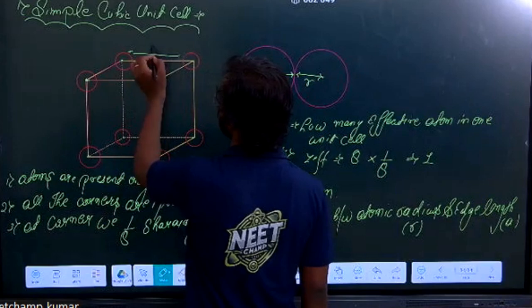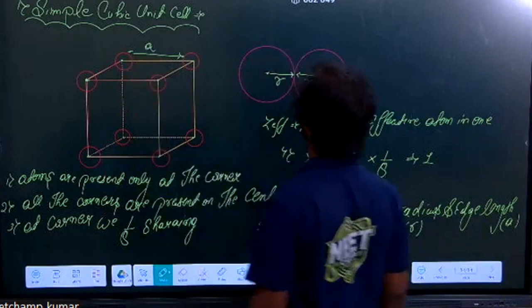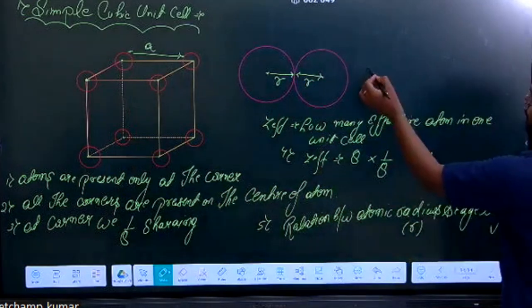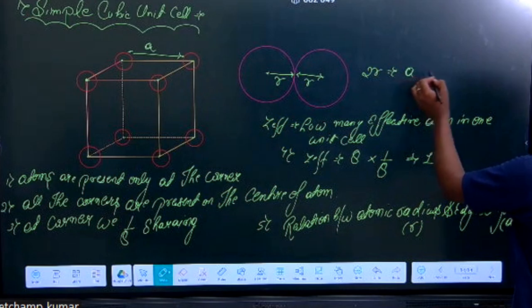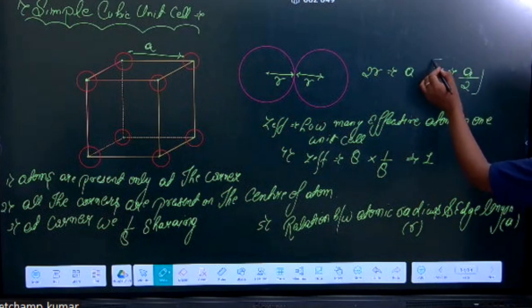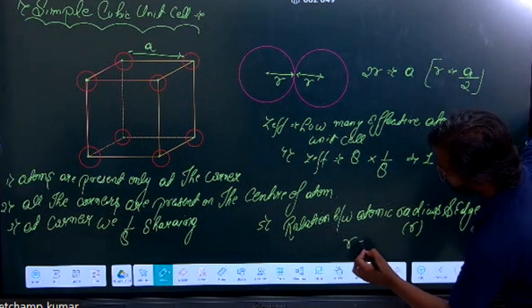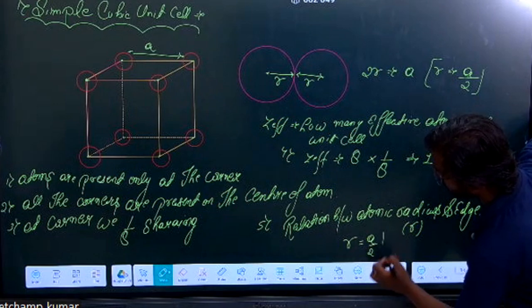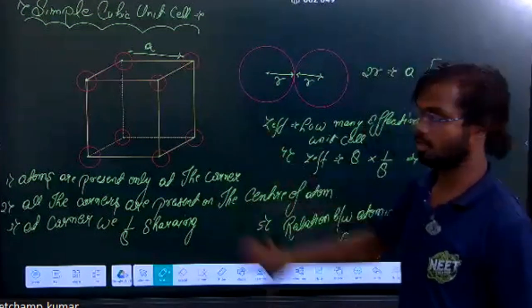Clear? This is my edge length, that is A. So you can see properly here, my 2R is equal to A. So my R is equal to A by 2, right? Simple. So remember this, R is equal to A by 2 is the relation between the edge length and the atomic radius in a simple cubic unit cell.